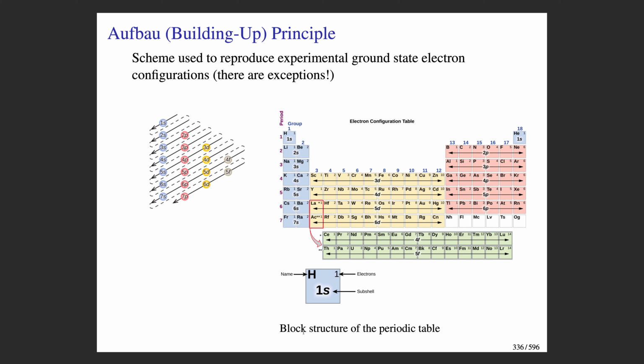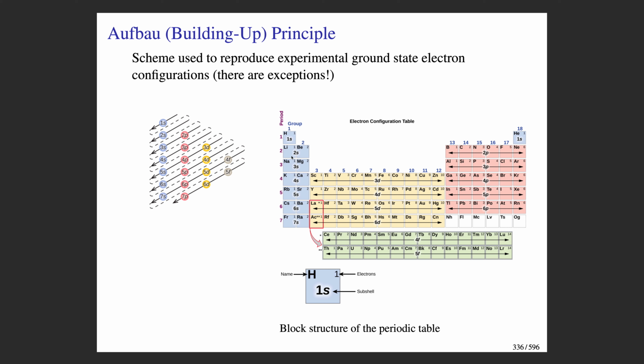The periodic table has what we call a block structure in the sense that certain groups correspond to certain atomic orbitals. For example, groups 1 and 2 plus helium are called the s block of the periodic table. And so atoms within a given position in the s block correspond to putting an electron into an s orbital.